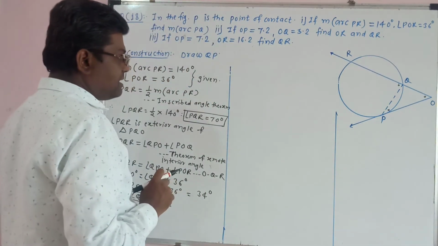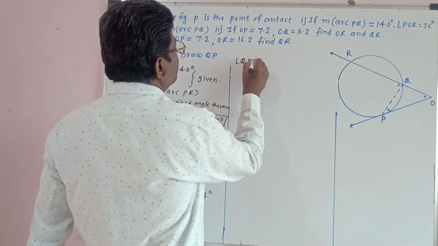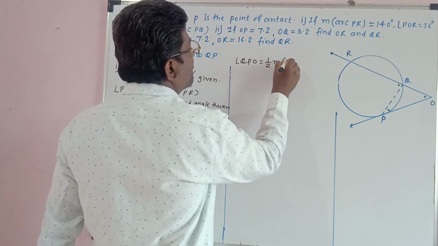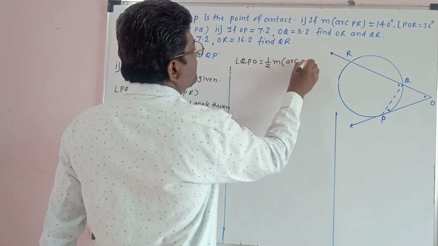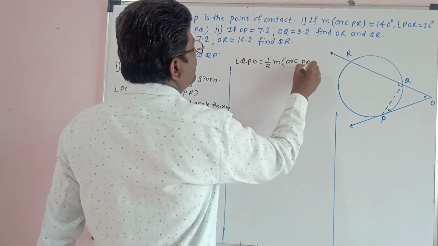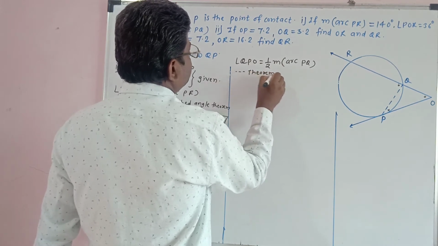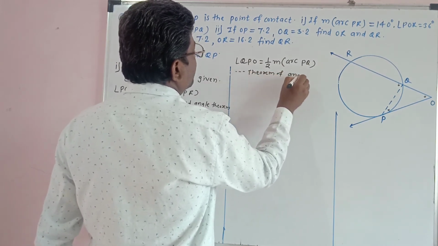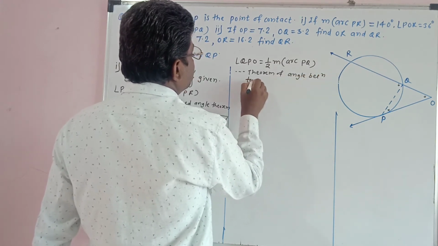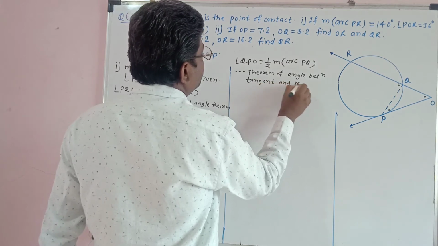So we write here angle QPO is equal to half into measure of arc QP, or we can write arc PQ. Reason is the theorem of angle between tangent and secant.